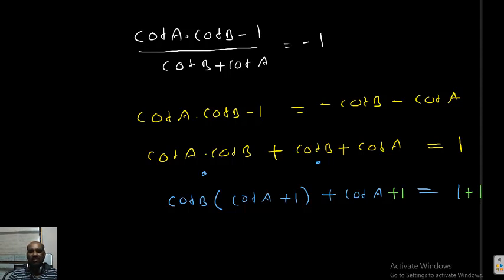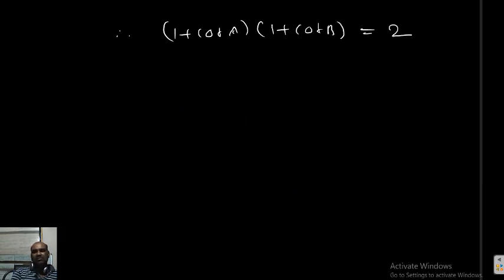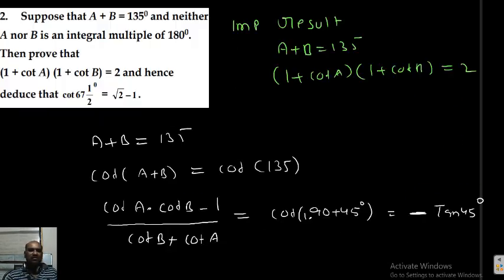Now I take (cot A plus 1) as common. Here cot B is left, plus 1, equals 2. This is the required result. Therefore, (1 plus cot A) into (1 plus cot B) equals 2. Similarly, later I will explain, leave it. What you want, you got here. From this, you want to find the value of cot 67.5 degrees, students.